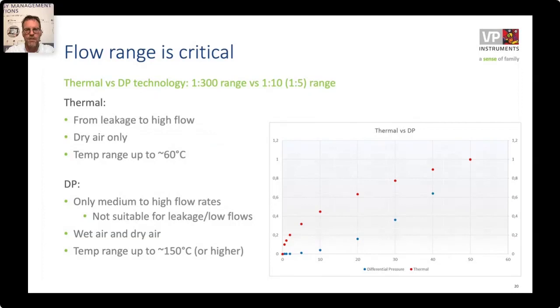This dynamic range can vary a lot depending on the measurement principle you choose. And I chose thermal versus DP as an example because those are probably the biggest outliers here. Thermal has a huge dynamic range, and it's very sensitive in the low end, as you can also see in the graph here. You see if the flow goes a little bit up, then already the signal starts to rise quickly.